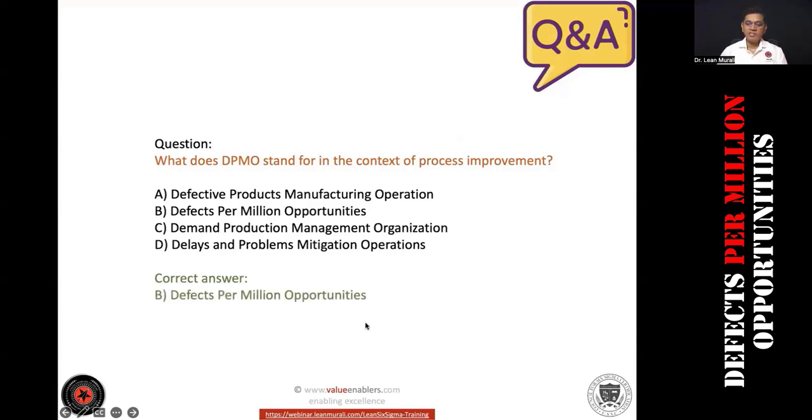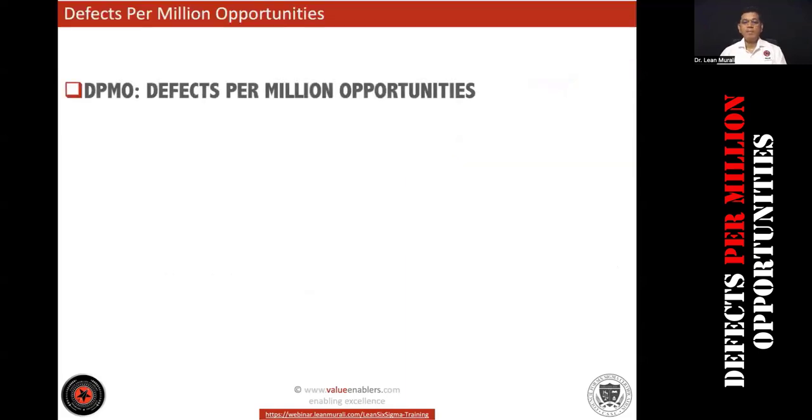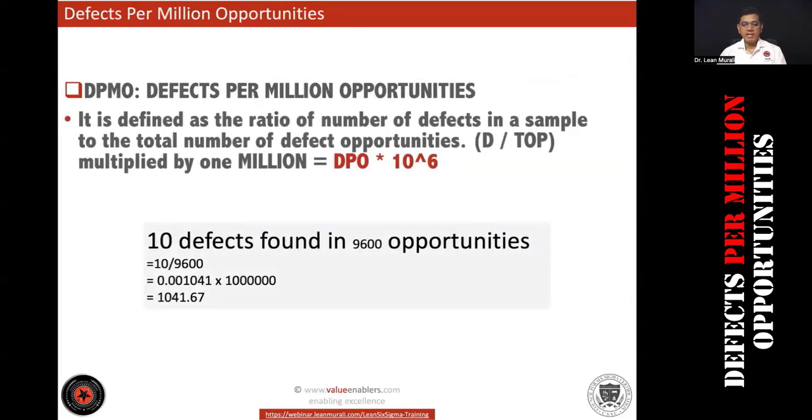So the correct answer is defects per million opportunities. Now defects per million opportunities, as you rightly said, this is 10 divided by 9,600 into 10 power 6, which is 1041.47.